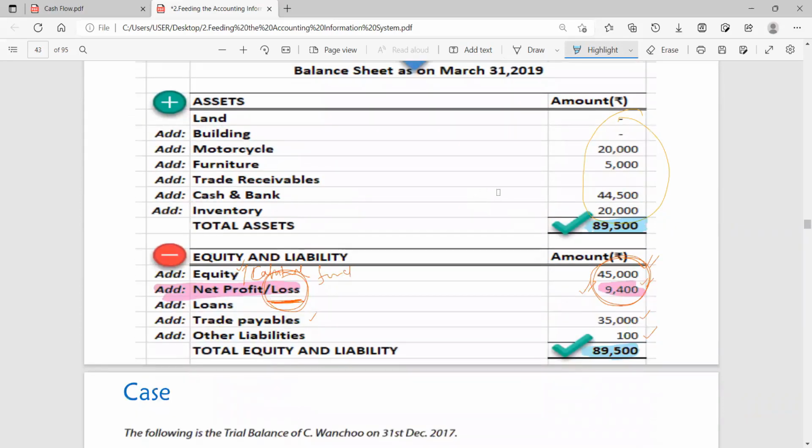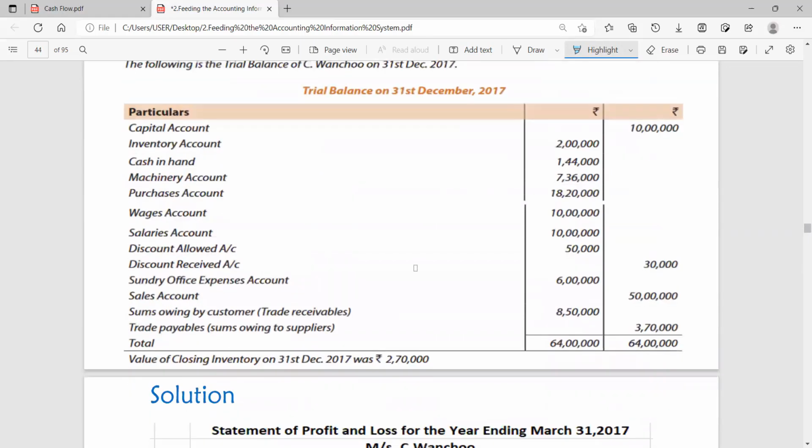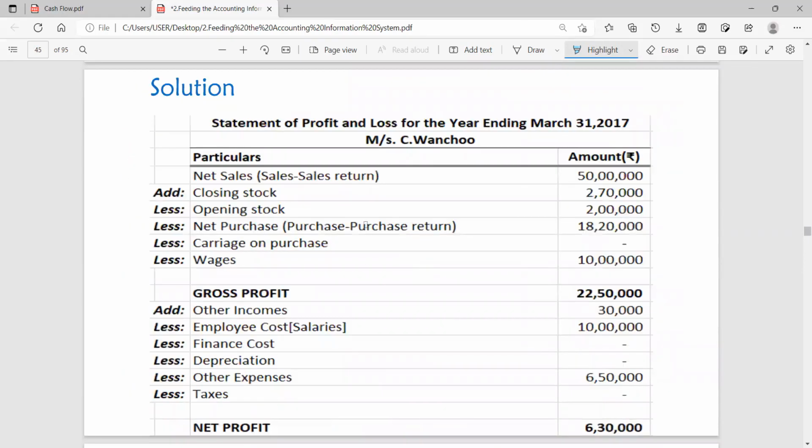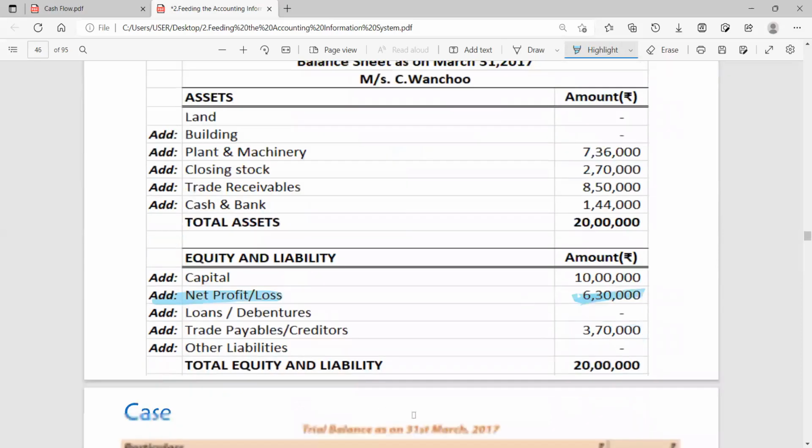The way we prepare, we understood here with the example. You can also go for a more item-based financial statement, where there are more items in the trial balance. We can prepare it in exactly the same manner. First we prepare the income statement. We get the net profit here, and then we take the net profit to the capital, add it to the capital, and then the other liabilities we put on the liability side and equity side, and assets we put on the asset side.